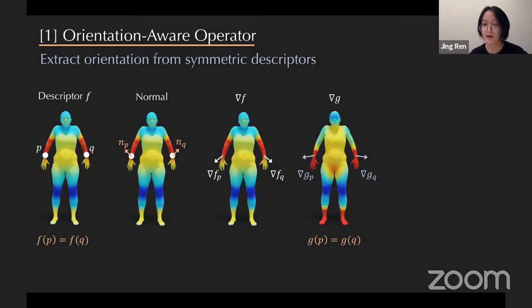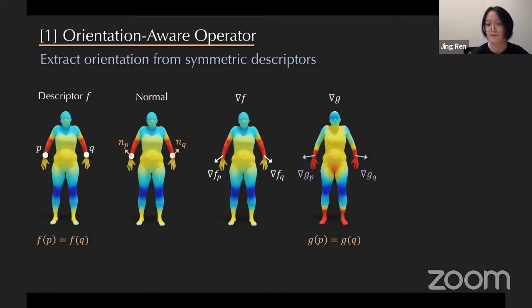It gives the same value at vertex P and at vertex Q. Similarly again, for each of the vertices P and Q, we have three vectors, two gradient vectors and one normal vector. And we can use these three vectors to construct a local frame.